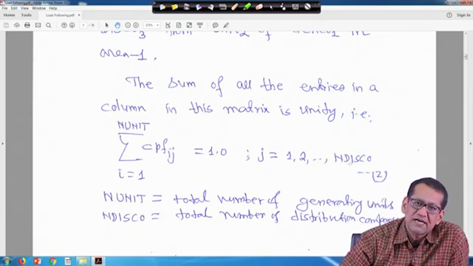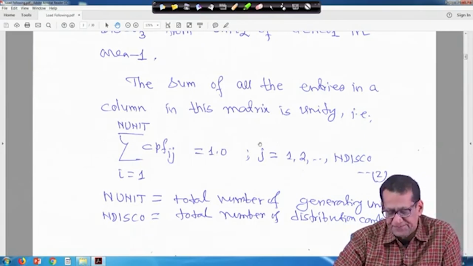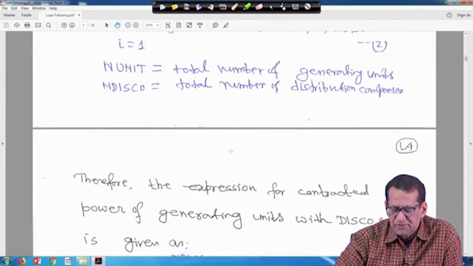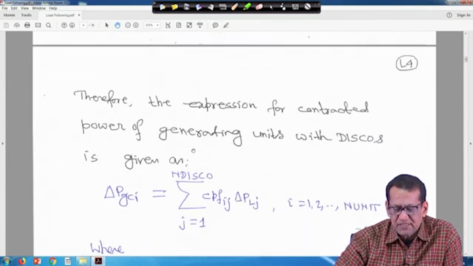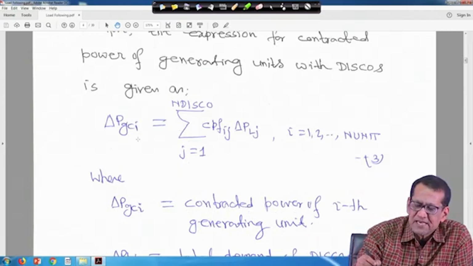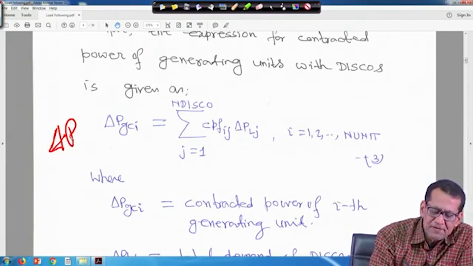So, n disco. Here it is 4, because 4 distribution companies are there together, area 1 has 2 and area 2 has 2. Therefore, the expression for contracted power of generating units with discos is given as delta PGCi. It is same as delta Pi as before. Previously, we have taken that delta Pi.